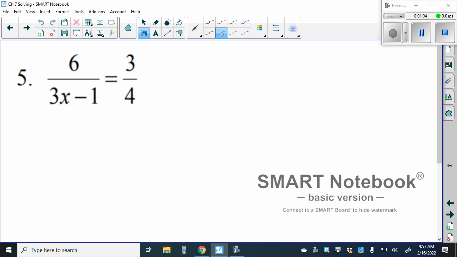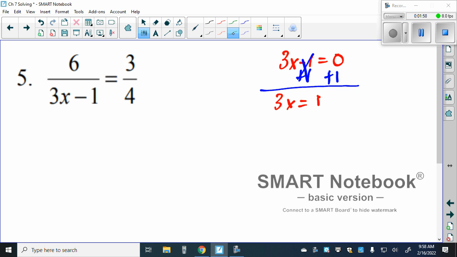And we also cannot have the denominators be 0. So here, the only place it could be 0 is our 3x minus 1. So if we wanted to see its restriction, we can just solve for the value of x. These would cancel, telling me 3x is equal to 1.